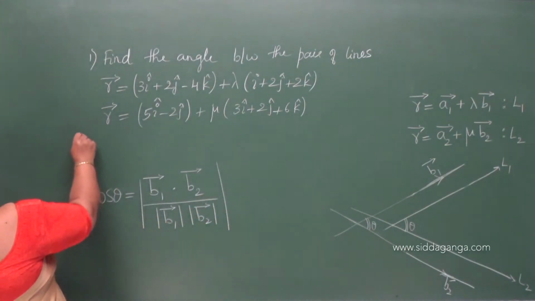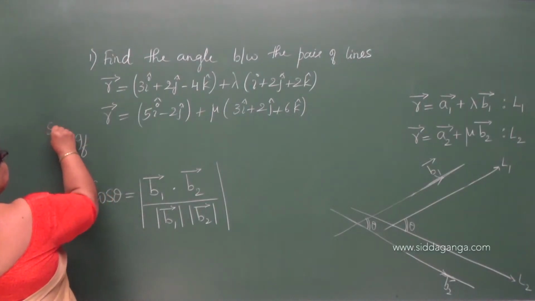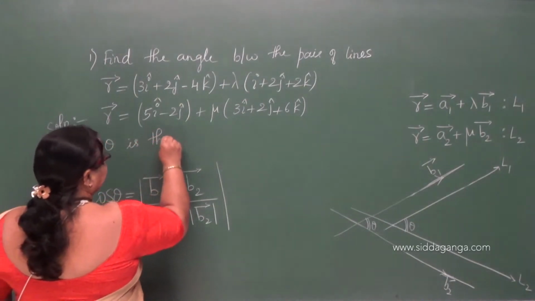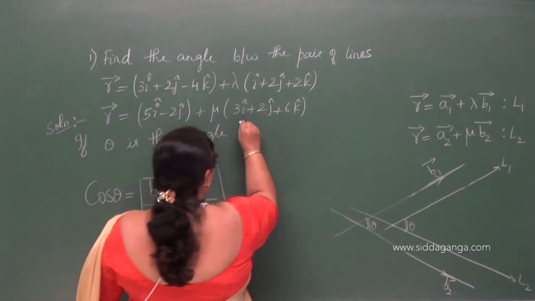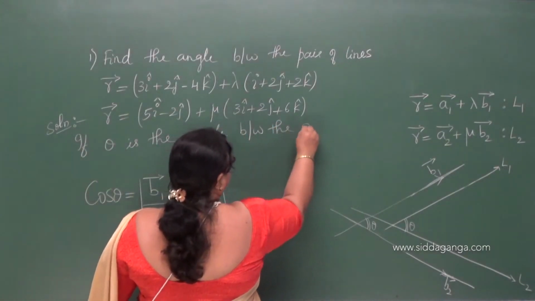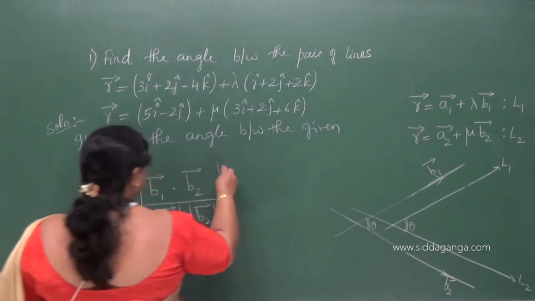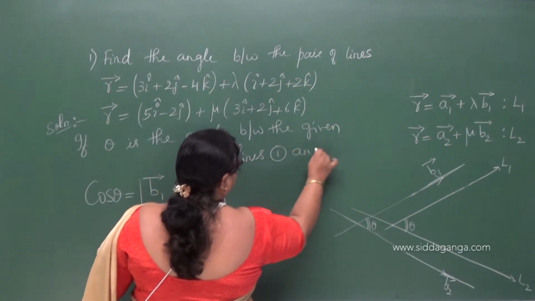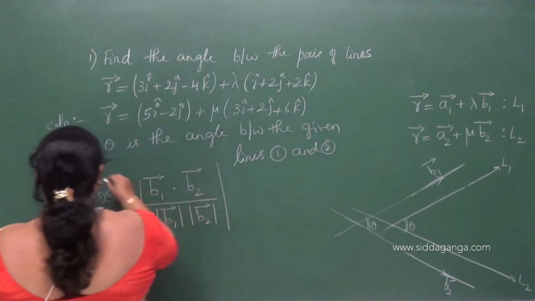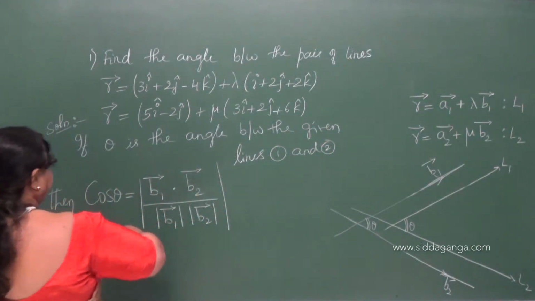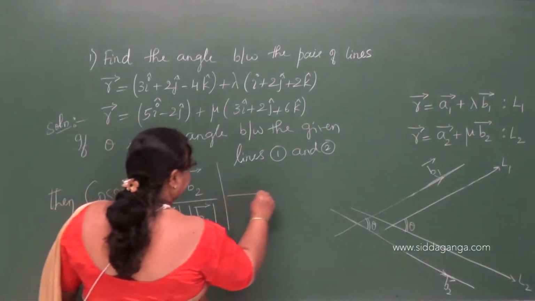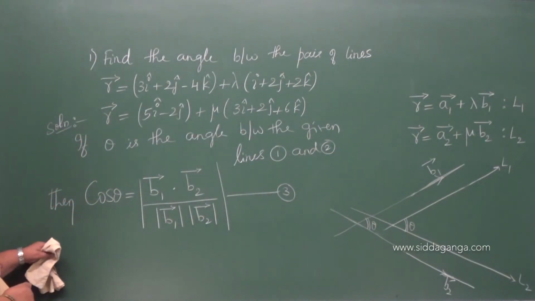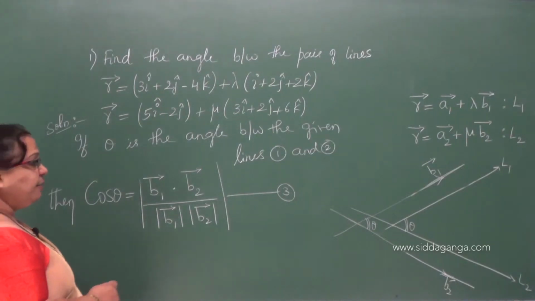So here, if theta is the angle between the given lines 1 and 2, then cos theta equal to vector b1 dot vector b2 divided by magnitude of vector b1 into magnitude of vector b2.